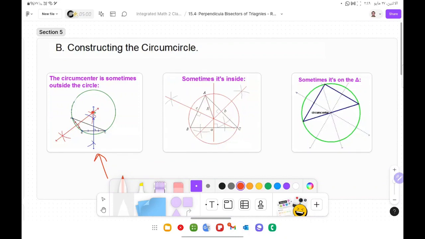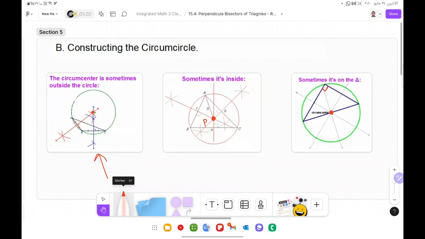But if the triangle that I draw is an acute triangle, the circumcenter will be in the middle. And if the triangle is a right angle triangle, the point should be on the triangle itself. I hope you understand this. This is the difference when we have different types of triangles.